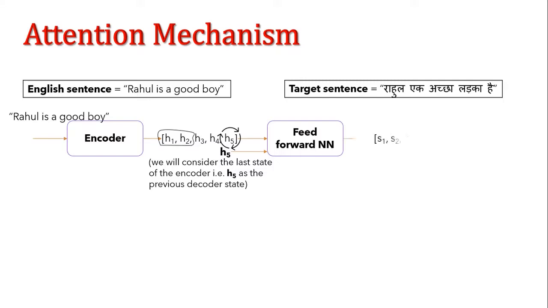Let S1, S2, S3, S4 and S5 be the scores generated for the states H1, H2, H3, H4 and H5 correspondingly. Since we assume that we need to pay more attention to the states H1 and H2 and ignore H3, H4 and H5 in order to predict Rahul, we expect the neural network to generate scores such that S1 and S2 are high while S3, S4 and S5 are relatively low.